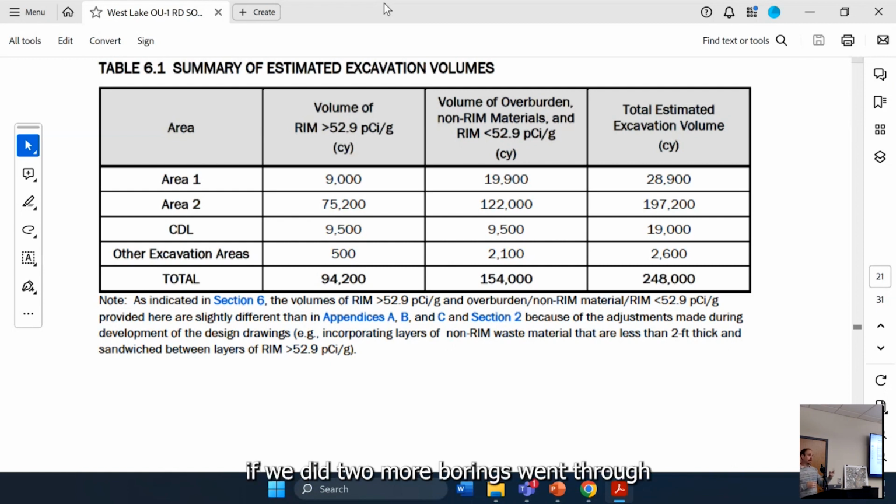We did 2 more borings, went through North Quarry landfill waste, got to the old trash underneath, and those data and samples are in the DIR. In the one further up, away from the quarry high wall, I think it was like 11 or 12 picocuries per gram of combined thorium. So we had them step out and go into that next shelf. We did not find any RIM in that boring.